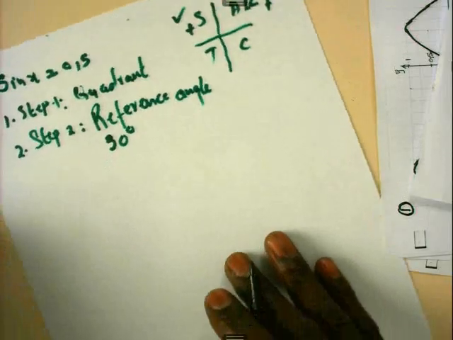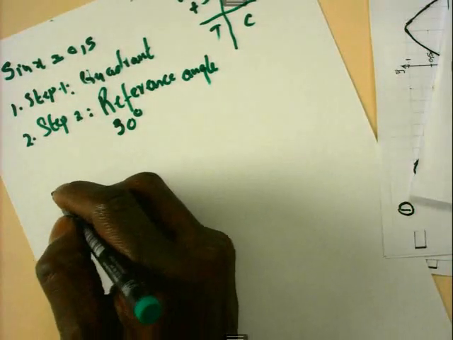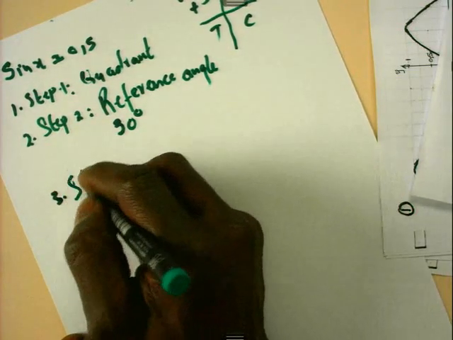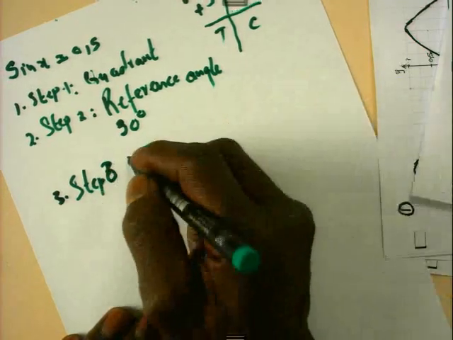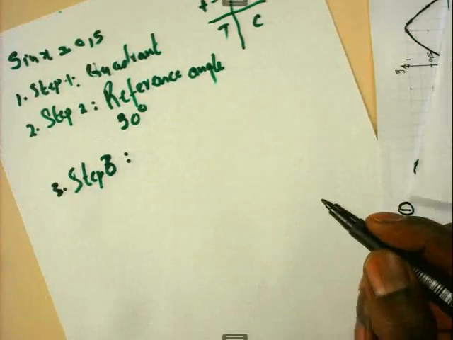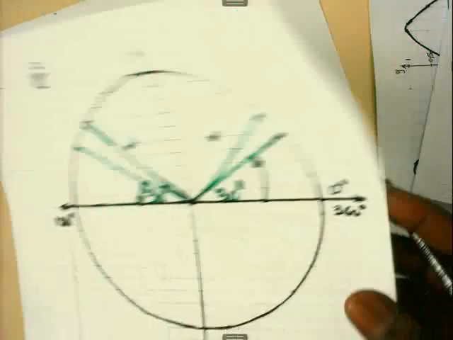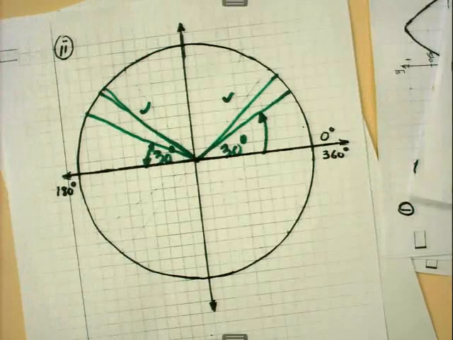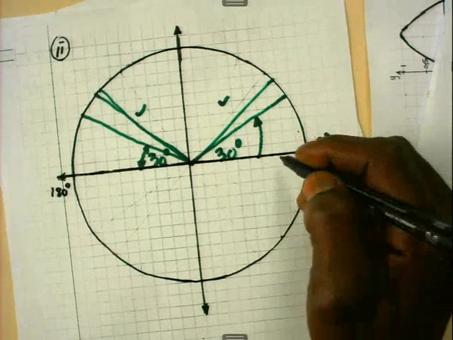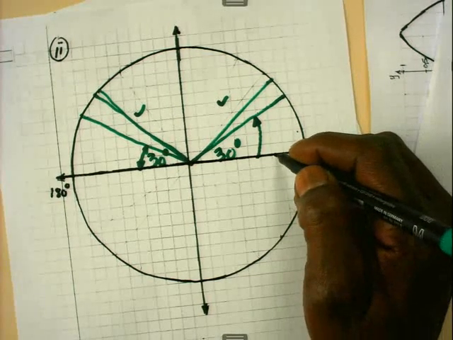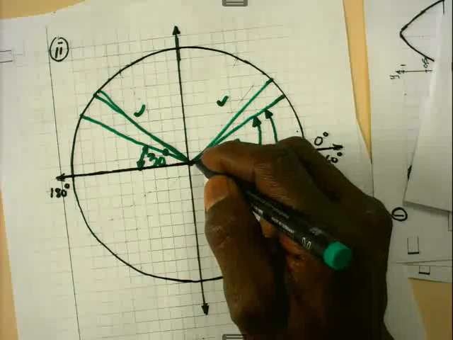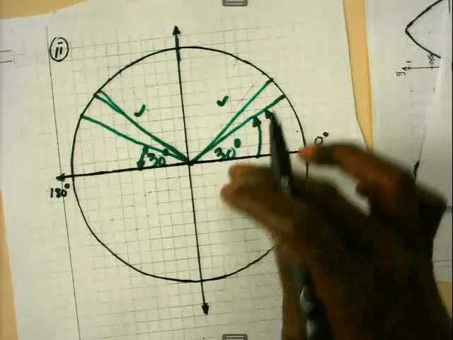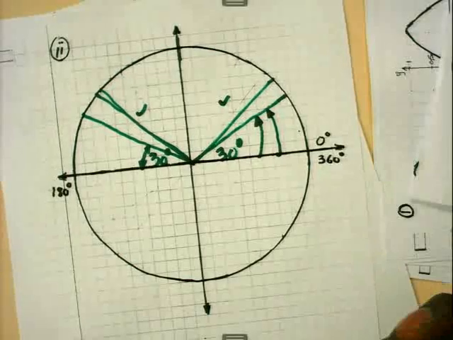Now that we've got our reference angle, our third step, step 3, we now count in an anti-clockwise direction, starting from here. Now we want our solution. We start from here up to there. Immediately when we touch that terminal ray, we count the angle there.